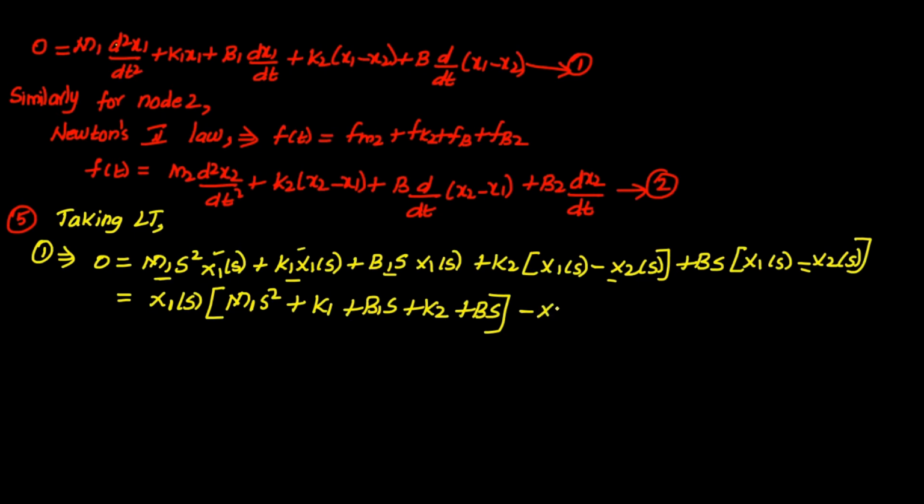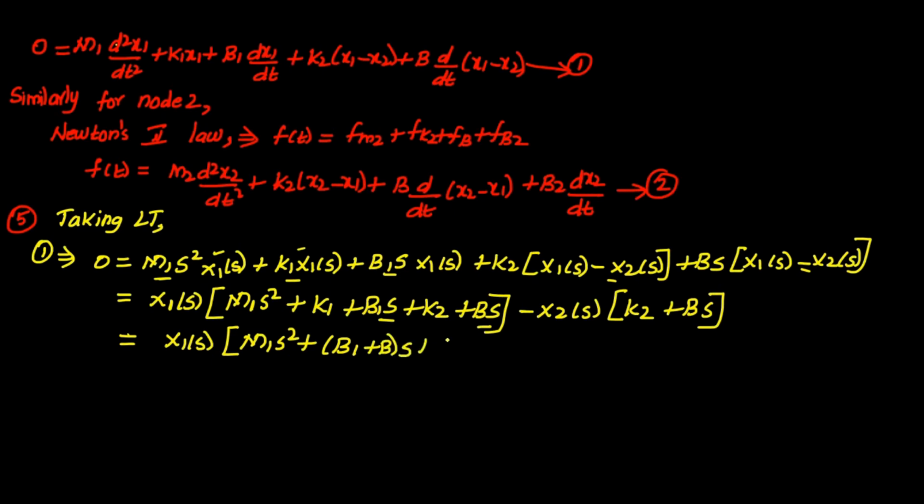I am taking minus x2 of s into, so what are the variables? k2 plus bs. Okay. So I am rearranging this equation, that is x1 of s into m1 s square plus, here s is a common factor, so b1 plus b into s and also the constants plus k1 plus k2. Similarly, minus x2 of s into bs plus k2.